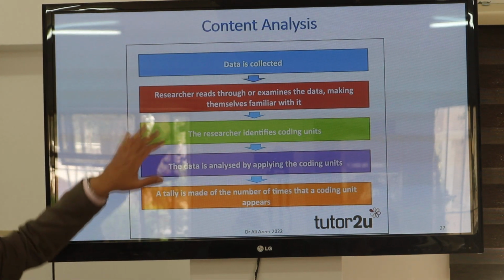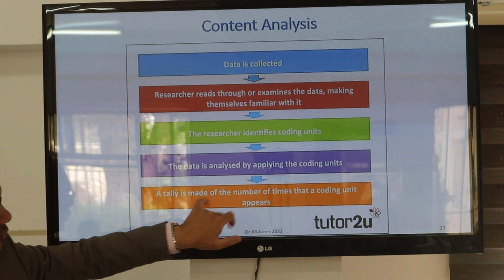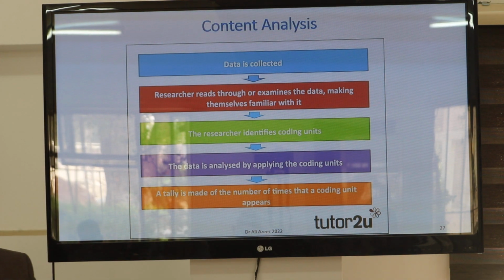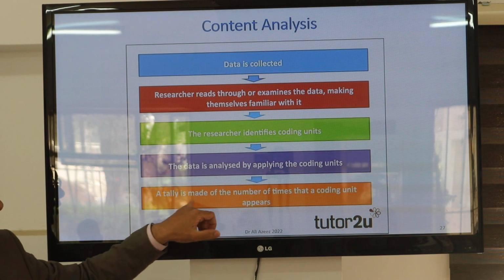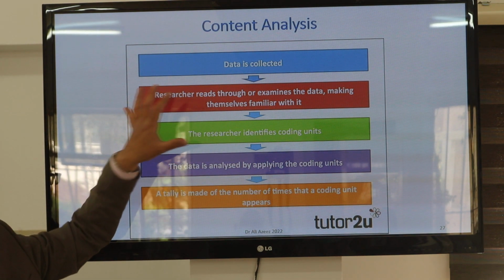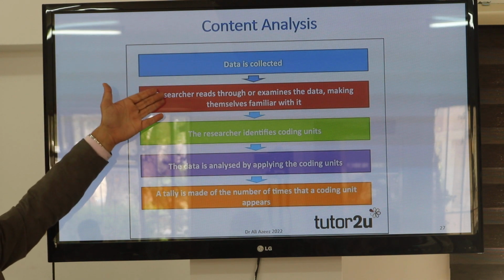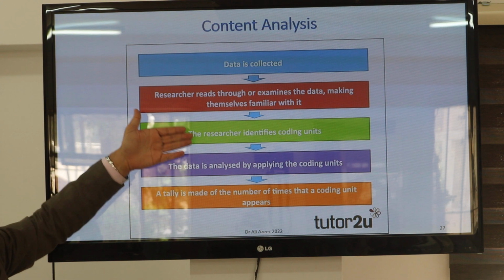In general, content analysis, at the end, we need to count the number of times that coding unit appears. How many times the pricing repeated in our text. It's the same process of the thematic. We need to have the data, we need to read them carefully, we need to have coding.